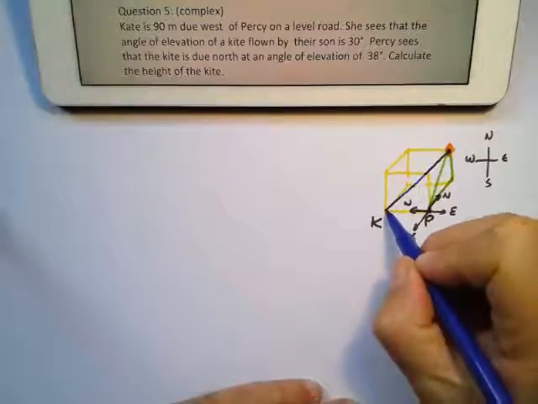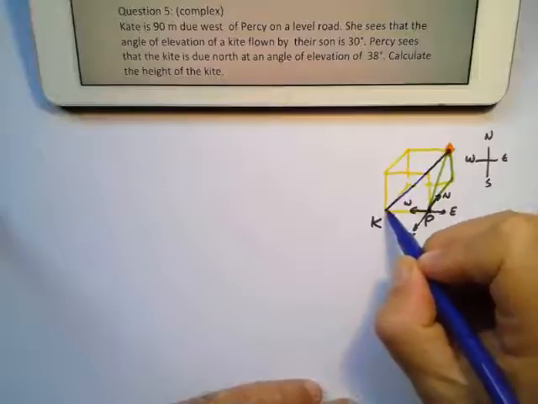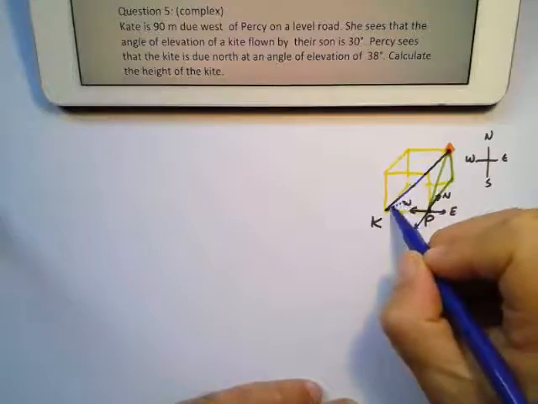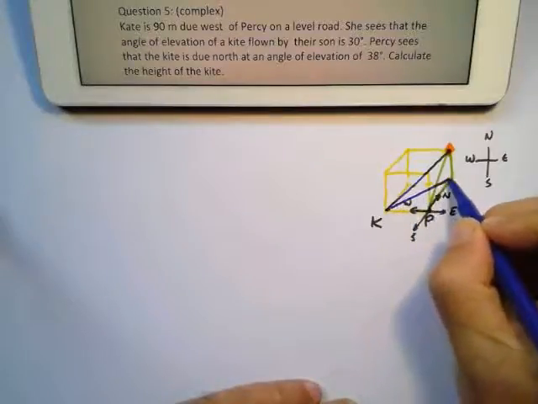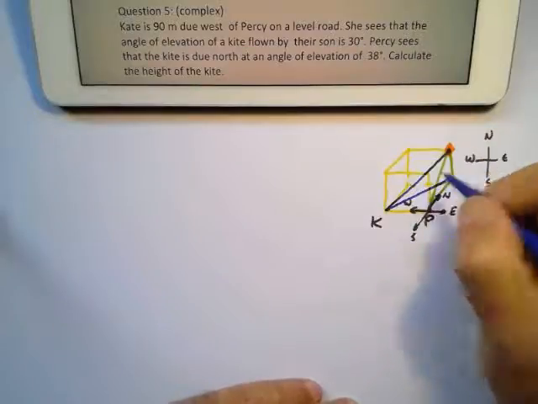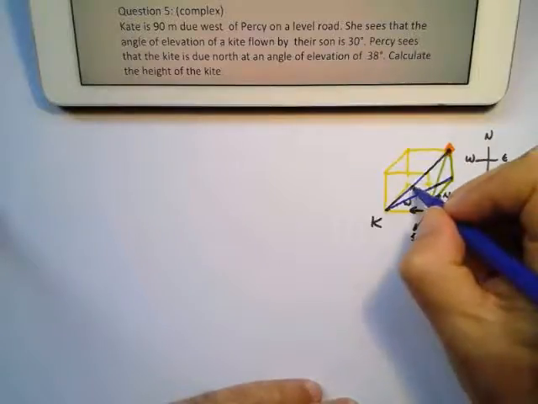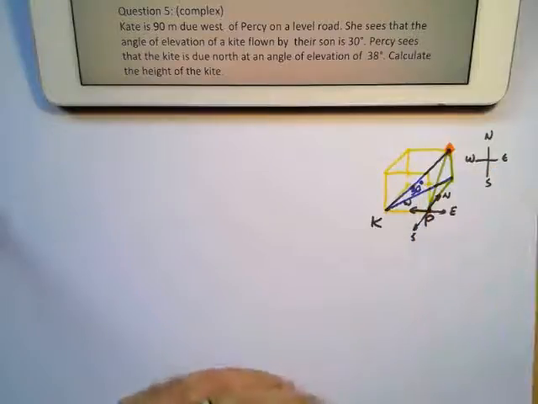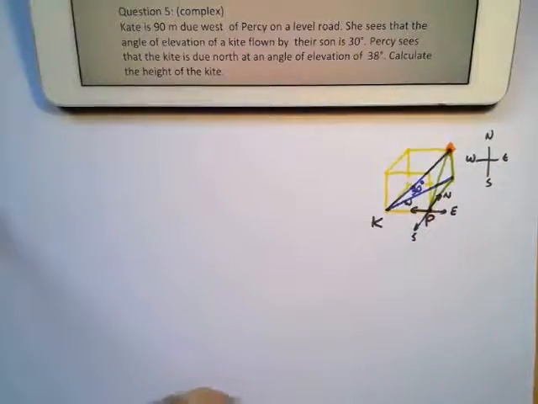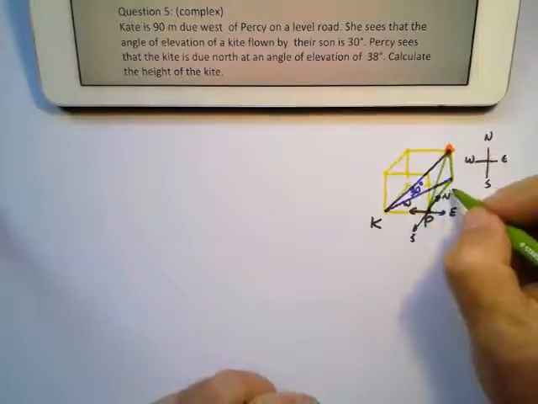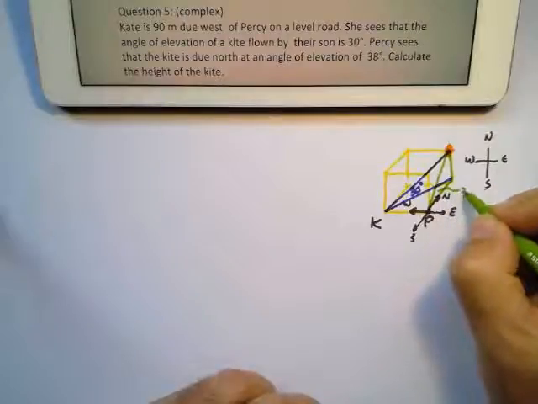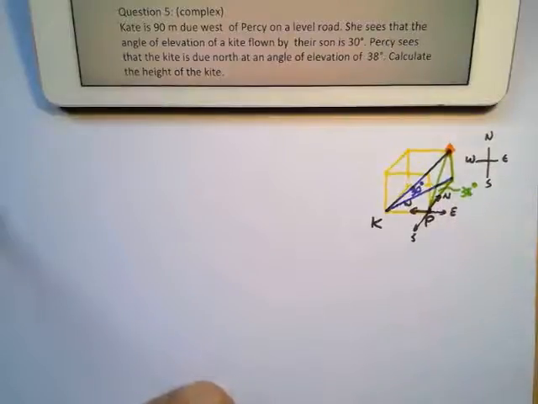So I'm going to have a line on the ground straight underneath the kite, which means that there's the triangle that Kate is looking up at, and she's looking at an angle of 30 degrees. And Percy looked up at 38 degrees. So that angle there is 38 degrees.